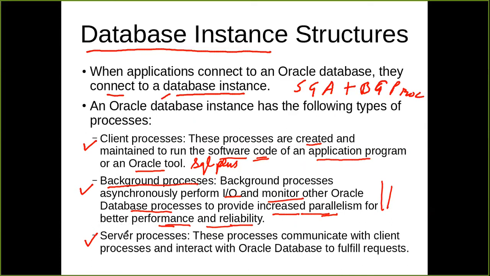Apart from these, we have a server process also. So these processes communicate with the client. The purpose of the server process is to communicate with the client process and interact with the Oracle database to fulfill the request. Whatever request is sent by the client, your server process is responsible for fulfilling it, whether it is for accessing the data, deleting the data, or updating the data.